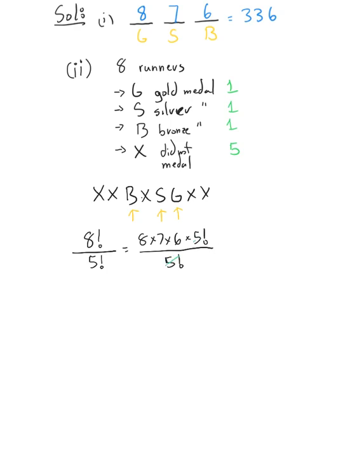So these cancel, and we're left with 8 times 7 times 6, which we just did, is 336. So again, it's the same idea, but it's a nice way of thinking it because you're thinking about what happens to all runners.